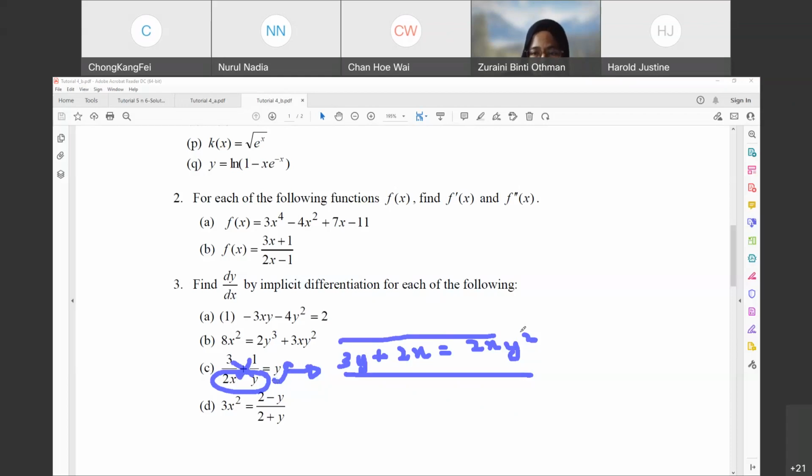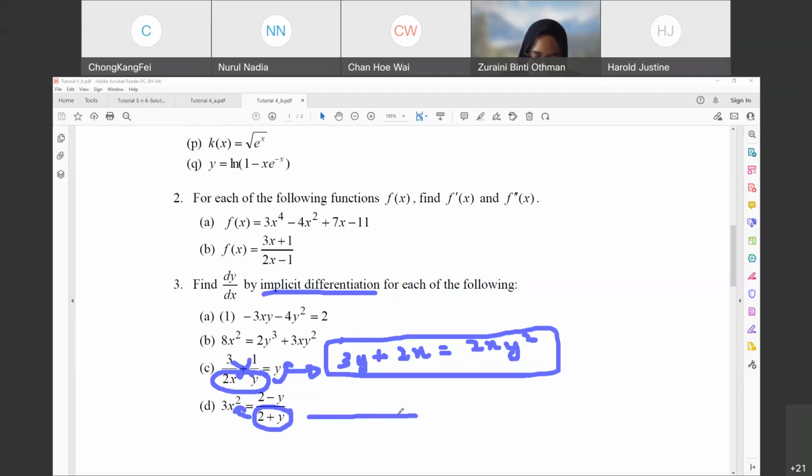Okey, bila dah dapat macam ni, baru buat implicit differentiation. Please do implicit differentiation. If you don't know how to do it, please refer to the note on how to do the implicit differentiation. Same goes to here. Please make this equation one line only, which is bring this into this, which is you darabkan dia dekat atas, jadi semua one line.